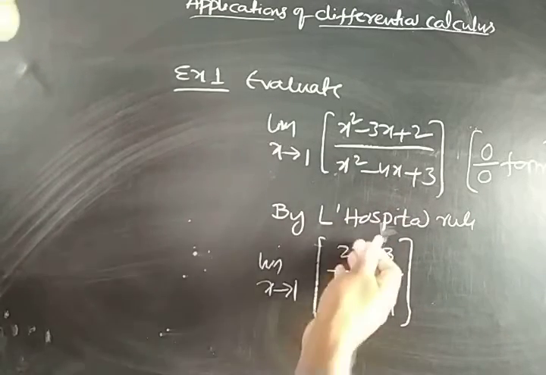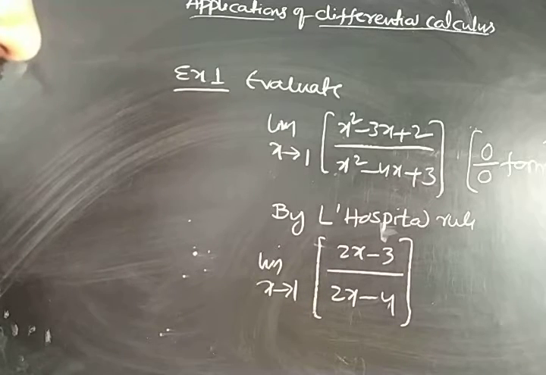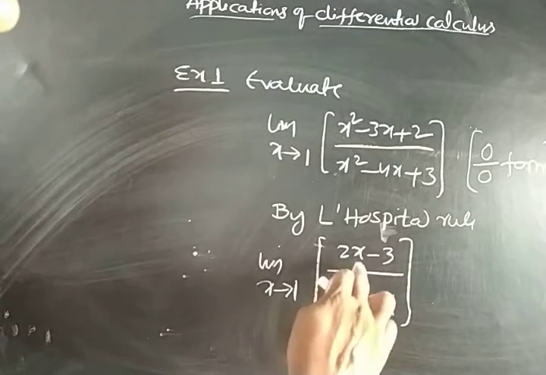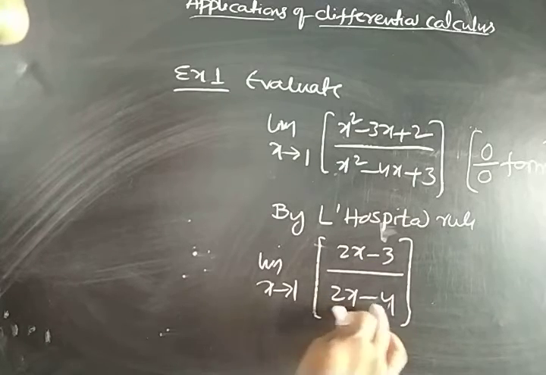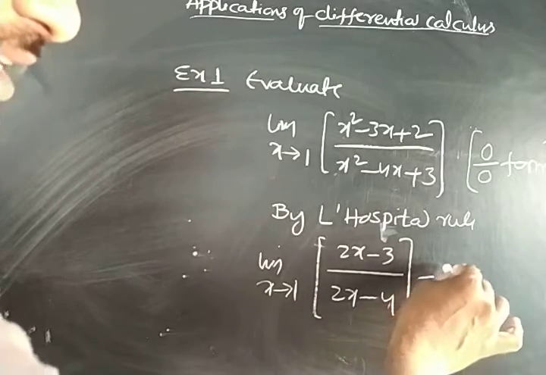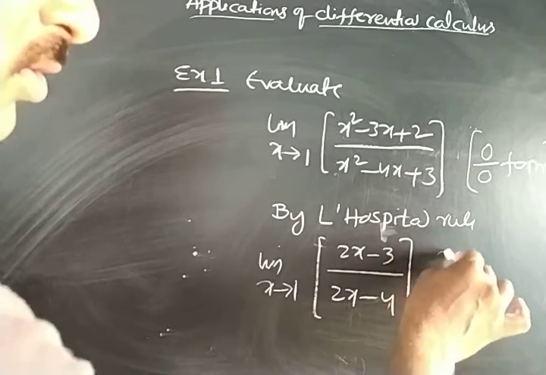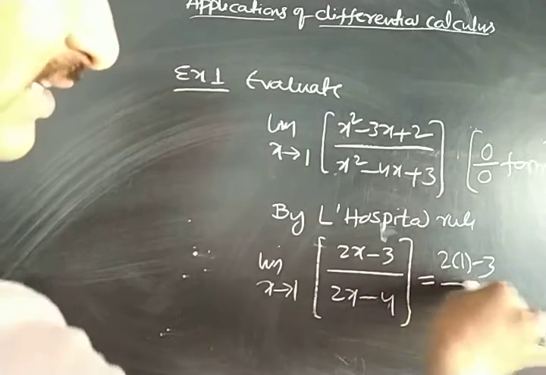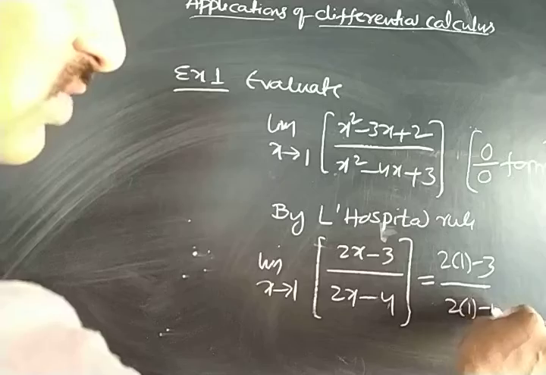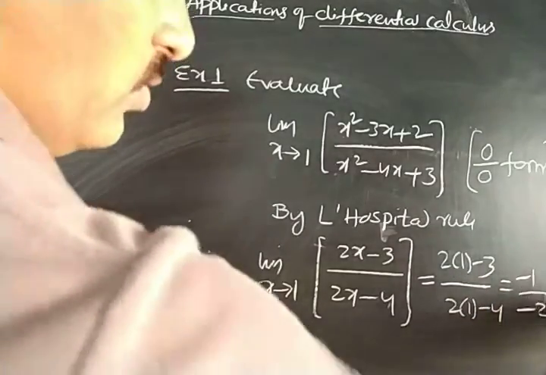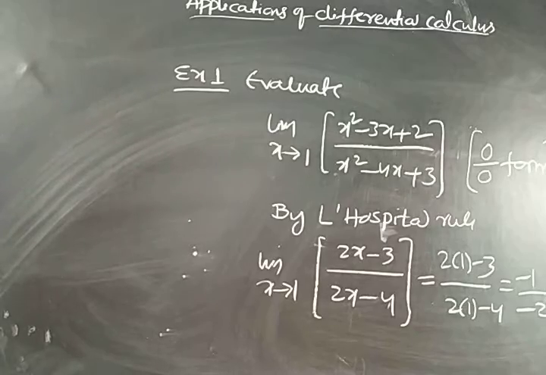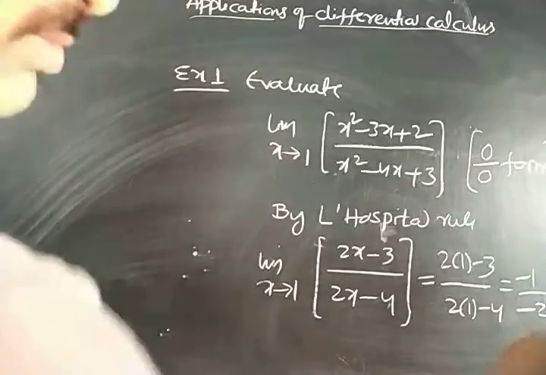Again substitute the value 1: 2 minus 3 is minus 1, and 2 minus 4 is minus 2. So the limit exists here, minus 1 by minus 2, which is 1 by 2. Therefore the limit of this function is 1 by 2.